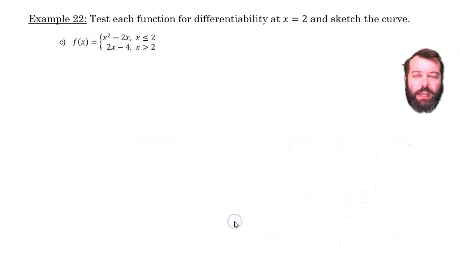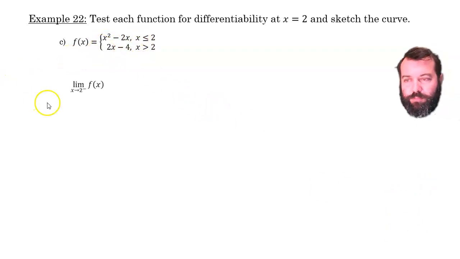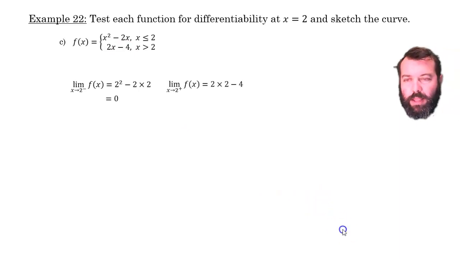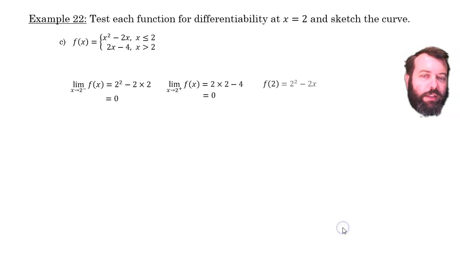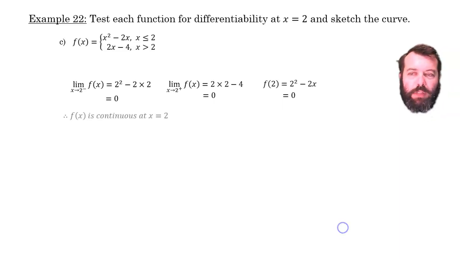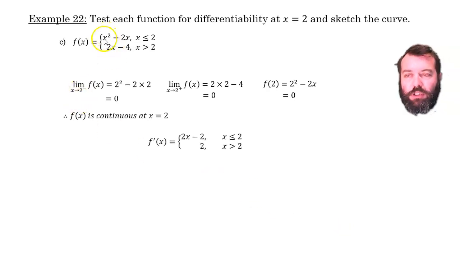Okay, there is another question here. Let's try this piecewise defined function. The limit as we approach the point from below and above, I get 0 and 0, as well as the value of the function at that point is also 0, so my function is continuous. That's good. Now I need to test for smoothness, so I differentiate the functions. I get 2x minus 2, and here I just get 2.